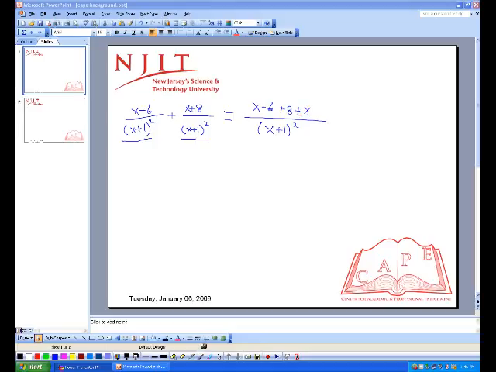Oh, I switched the 8 and x. It doesn't matter, okay? This would equal x plus x gives me 2x, and negative 6 plus 8 gives me a 2.